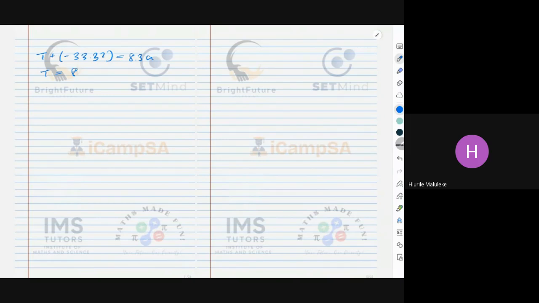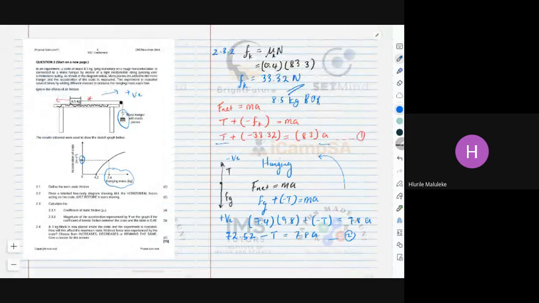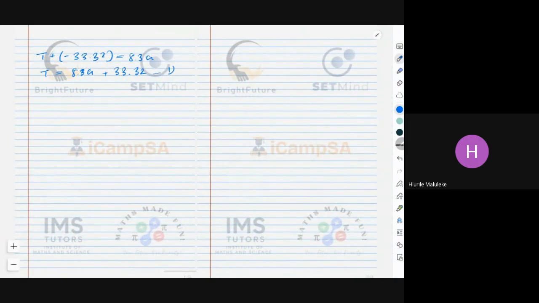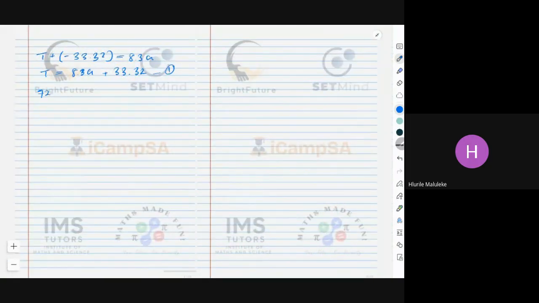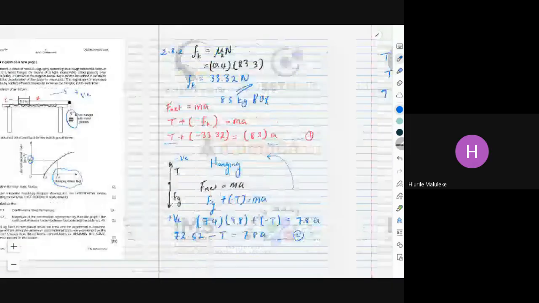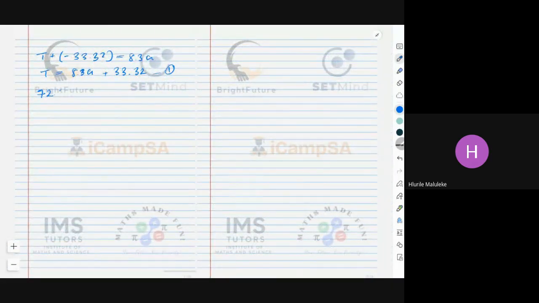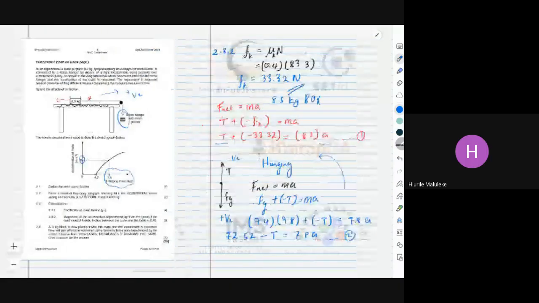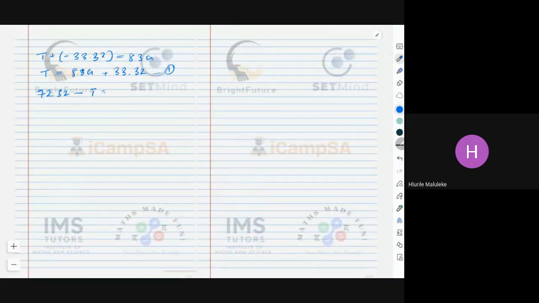We'd have 8.3a plus 33.32. This is what we would have, right? Then we have our equation 2 here. This is equation 1 updated. Equation 2 is 72.52 minus T equals to 7.8a.